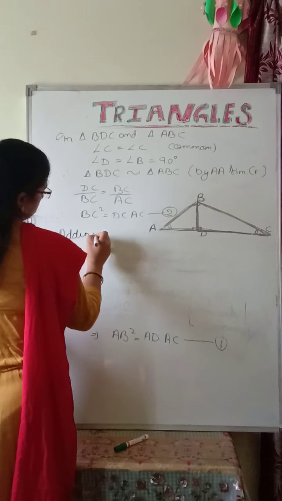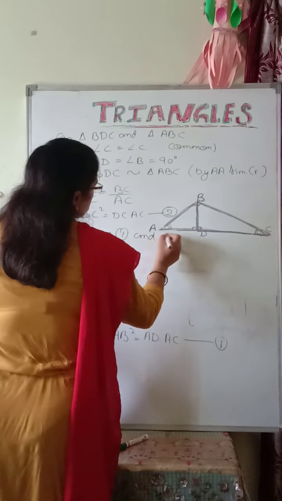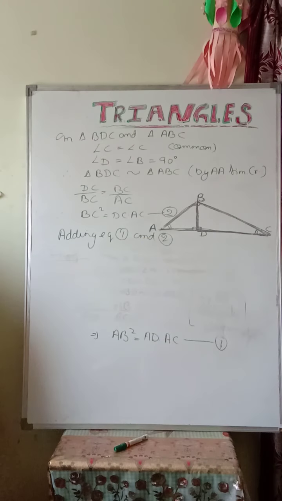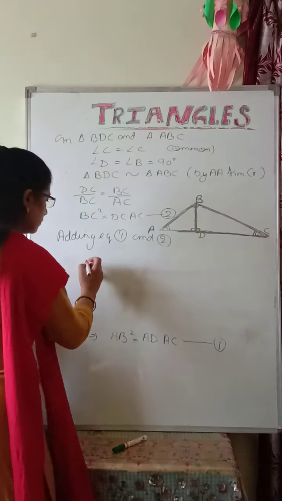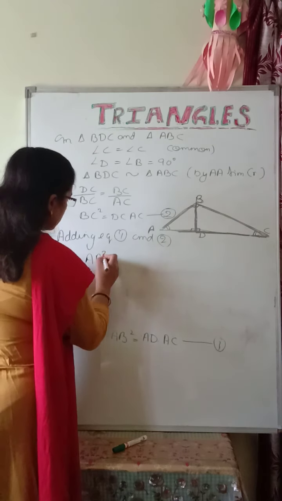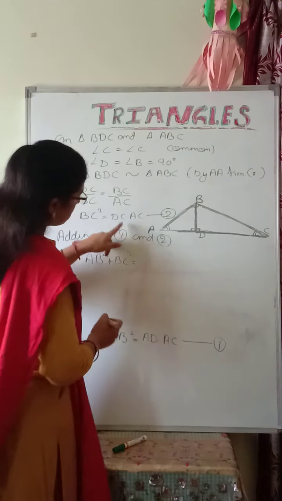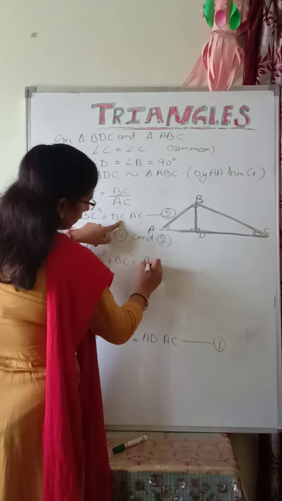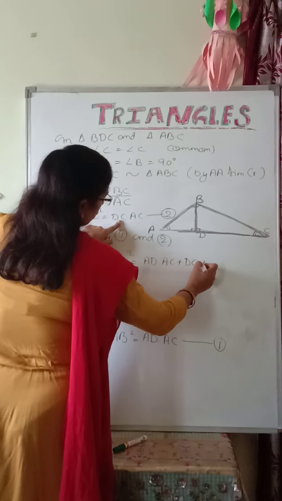AB square plus BC square is equal to this side plus this side. So AD into AC plus DC into AC.